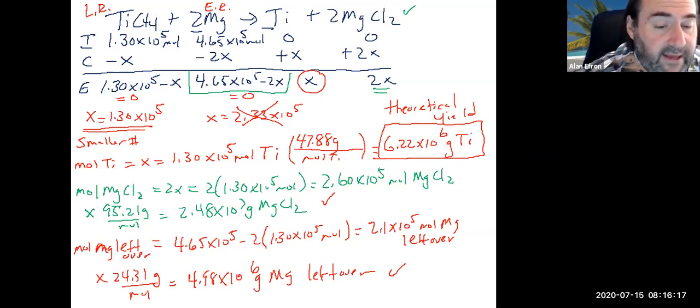We also can use it for a question that is usually asked in these problems, which is how much excess reagent is left over. Since the magnesium was our excess reagent, it was 4.65 times 10 to the 5 minus 2X. If we put our X value into that, we saw that we had 2.1 times 10 to the 5 moles of magnesium left over. Then if we multiplied by the molar mass of magnesium, that would tell you how many grams was left over.